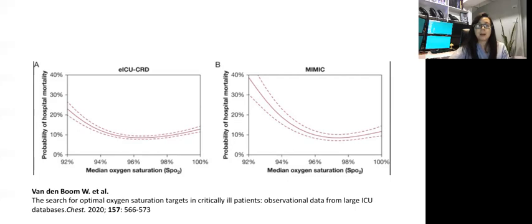Avoidance of hyperoxemia may be an important component to maximizing survival in patients who are critically ill. Furthermore, this study implies that even using oxygen to maintain high SpO2 levels, for example 99%, could be detrimental in practice.